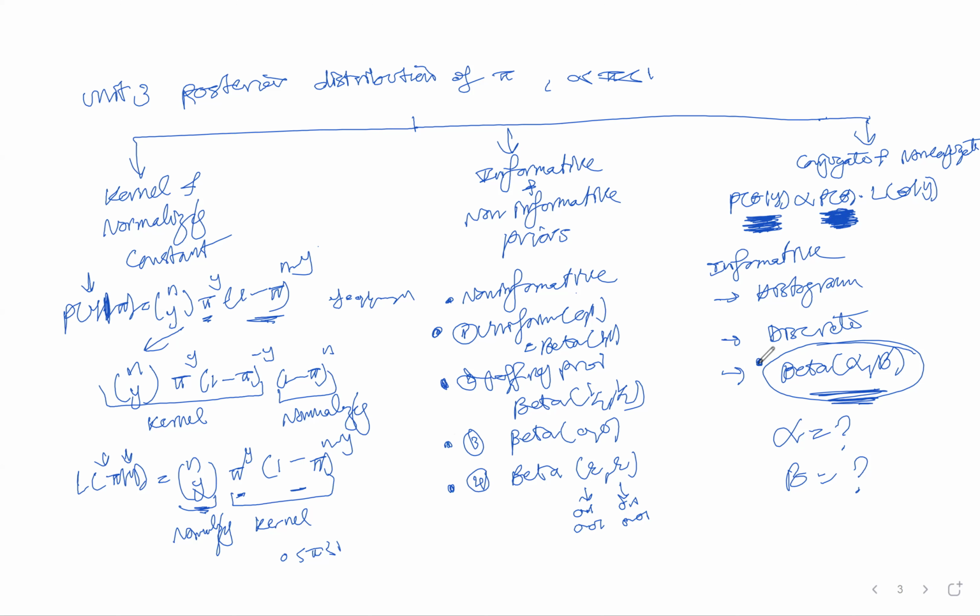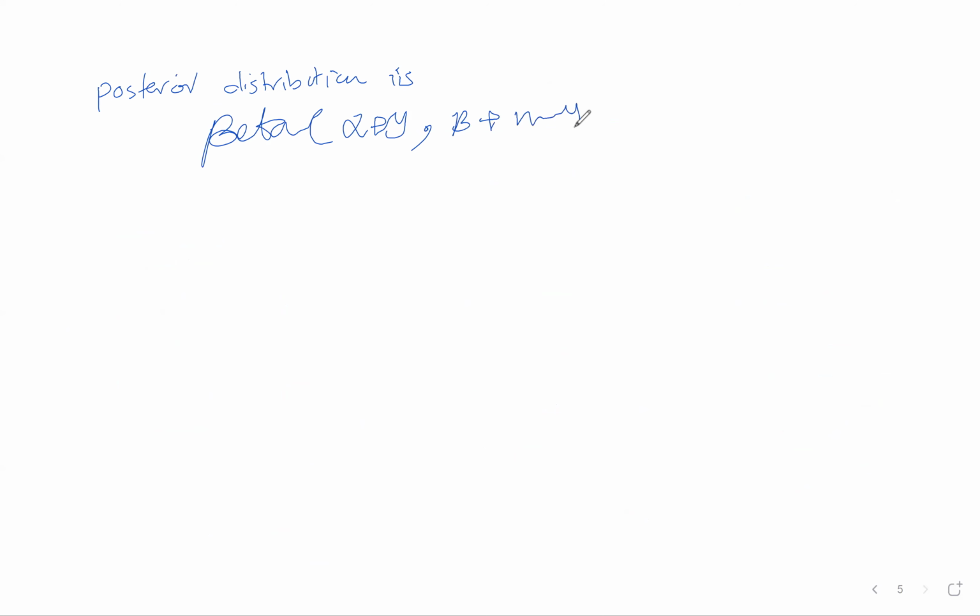We found the posterior distribution under all of these, whatever you use: uniform, Jeffreys prior, beta(0, 0), beta(epsilon, epsilon), beta(alpha, beta). Under all of these, the posterior distribution is beta(alpha plus y, beta plus n minus y).